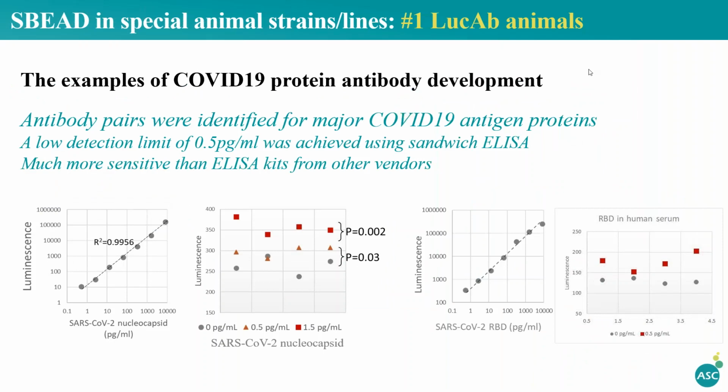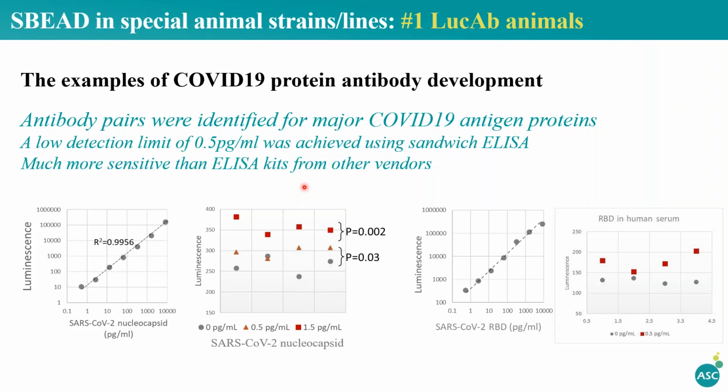We have used the LucAb animal to develop many antibodies with high affinity. In an example shown here, we have used it to develop antibodies against two COVID-19 antigen proteins, the nucleocapsid protein and the RBD domain of the spike protein.